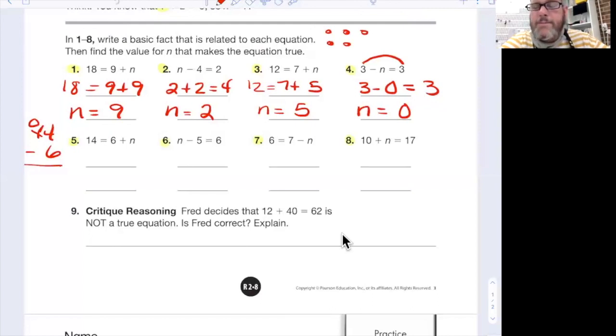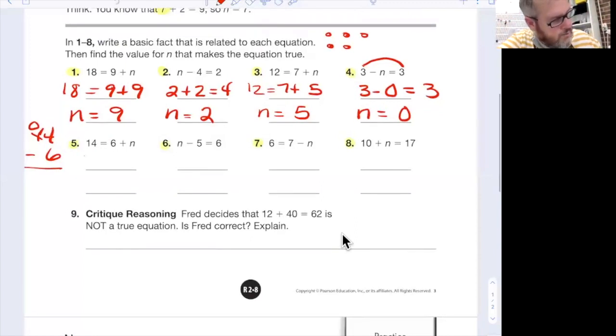Sometimes that helps. 6, 7, 8, 9, 10, 11, 12, 13, 14. How many fingers do I show? I have 5, and 3 is 8. So I know that 14 equals 6 plus 8. So n equals 8.